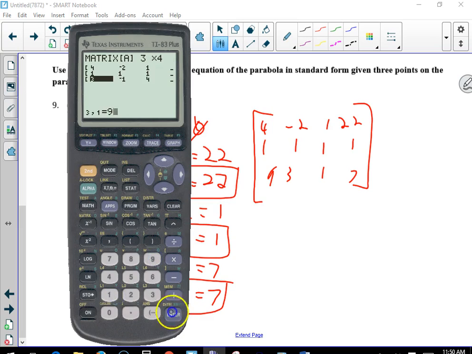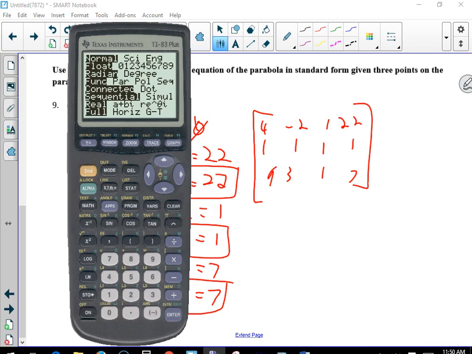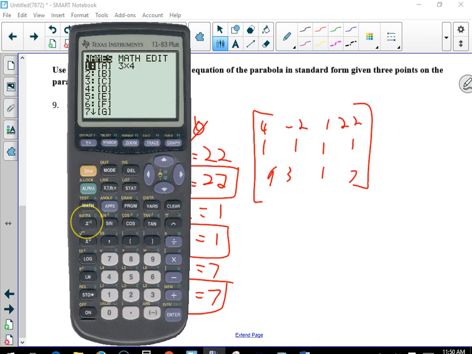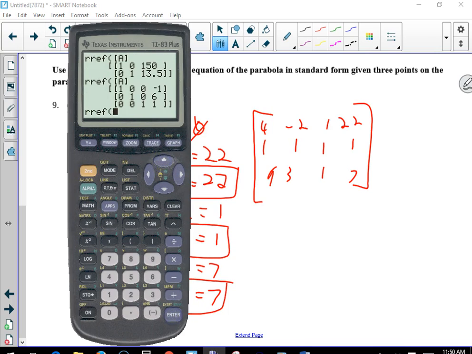And then 9, 3, 1, 7. Quit. Matrix. Over to math. Up to RREF. Tell it to look in A. And there's your answer. 2, -5, 4.